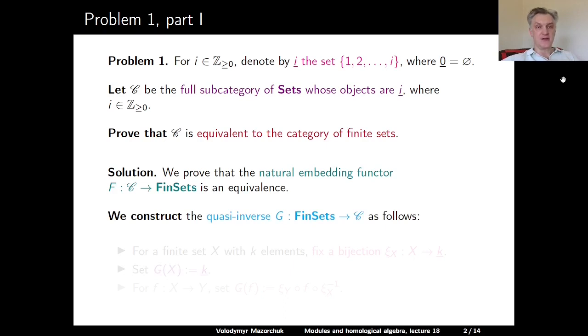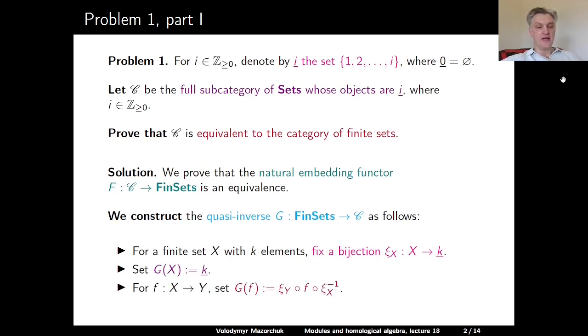We construct the quasi-inverse G to F. So G is a functor from the category of finite sets to C as follows. For a finite set X with k elements, let us fix a bijection psi sub X from X to k underlined. We say that the value of G at X is equal to k underlined, when X has exactly k elements.